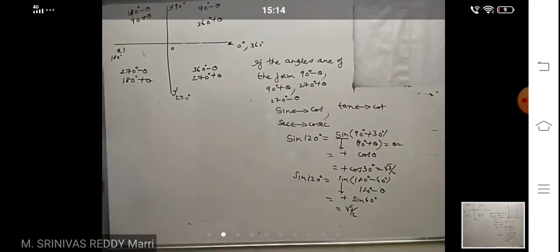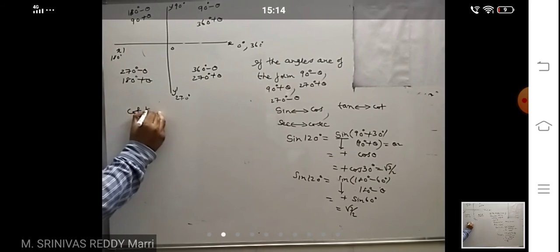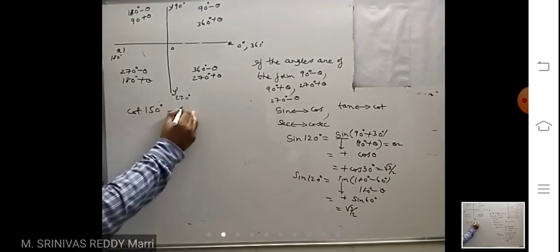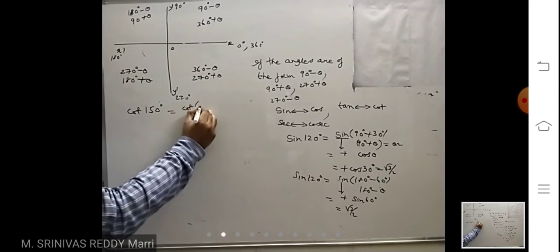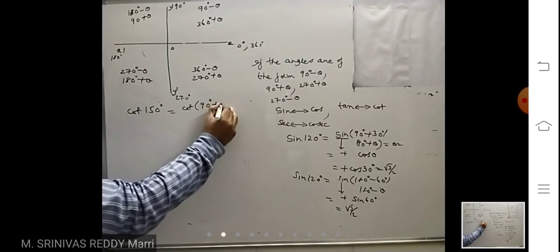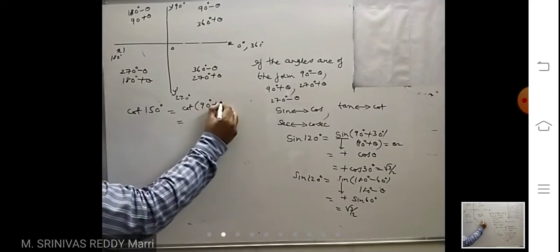Suppose look at cot of 150 degree. Cot of 150 degree. I want to write in 90 plus theta. Cot of 90 plus 60.